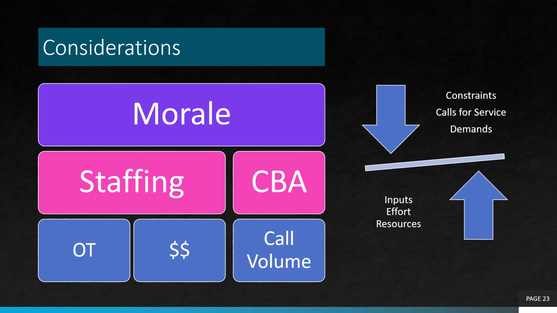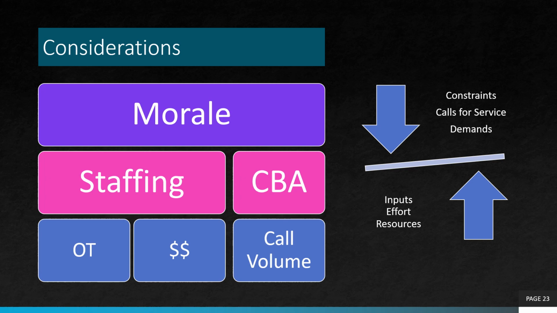A huge consideration should be the morale of the employees, because if your department is only going to offer, let's say, 5 8-hour days, and let's say that the police officers in your community don't want to work 5 8-hour days, they would work 4 10s, and there's another neighboring department that only works 4 10s, and your agency is not willing to yield on that, that morale is going to be very low, and you might see staff move over and lateral over to that other agency. So morale is a very big consideration on the types of shifts and assignments that you provide.